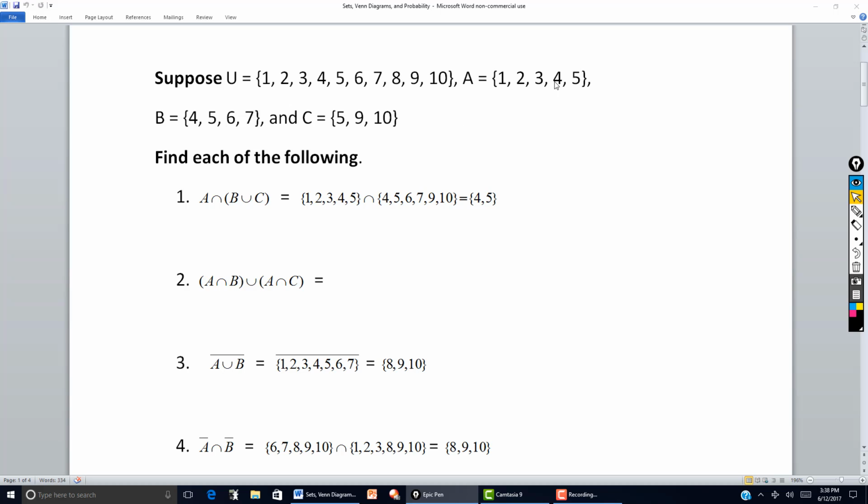I take all the elements in A together with all the elements in B without repetition, and I get this. Now I want the complement of that, which means everything in the universal set that is not contained in this set. So what's left from the numbers 1 through 10? The numbers 8, 9, and 10. So the complement of this union is the set consisting of 8, 9, and 10.